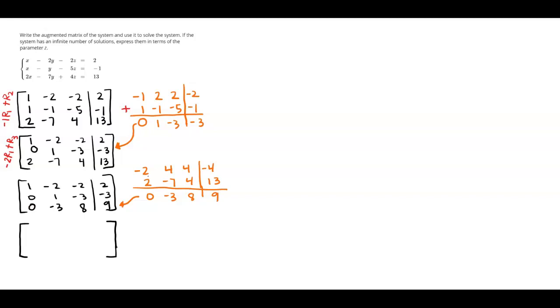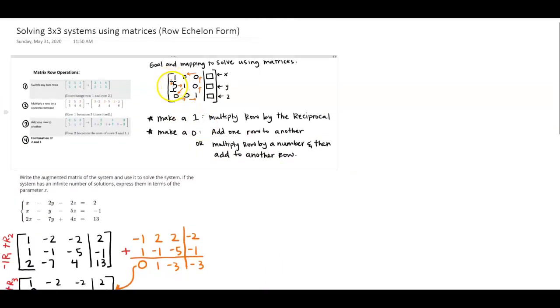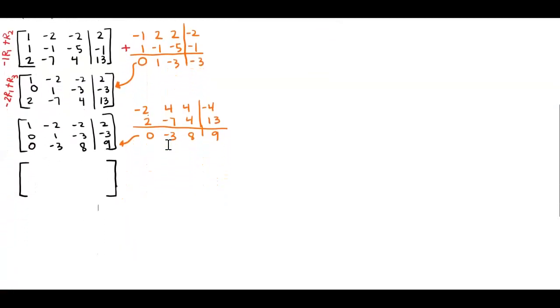So in order to get this to be a 0, I need to use that 1 up above it. And that's why we have this mapping that I showed you up here, where we're making this into a 1 before we make that one into a 0. It's going to make things go a lot smoother for us if we do that.